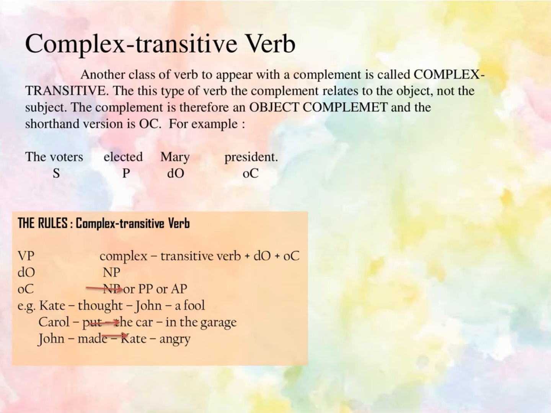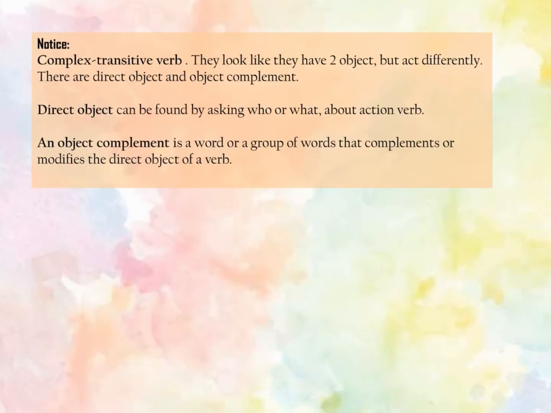For example, the voters elect Mary president. The voters is the subject, elect is the predicate, Mary is the direct object, and president is the object complement. The direct object can be found by asking who or what after the action verb.